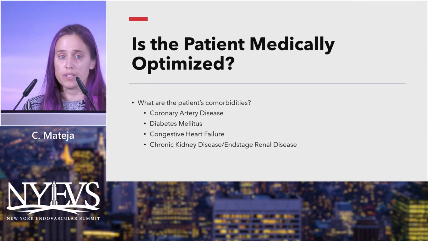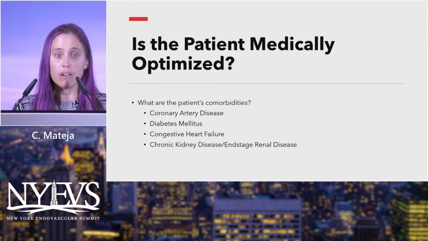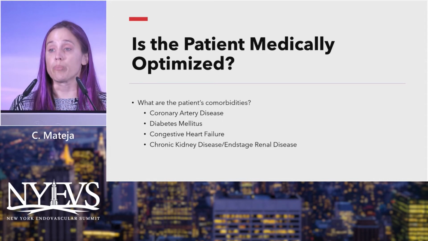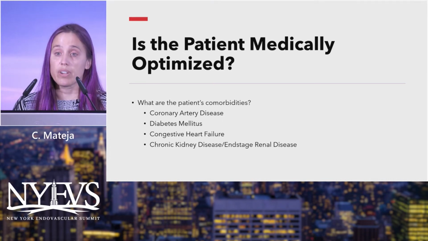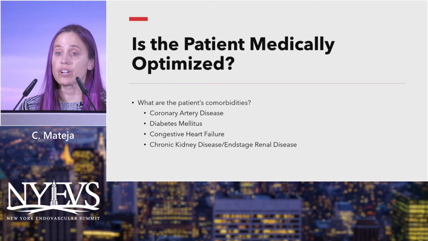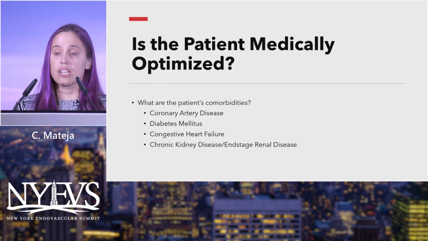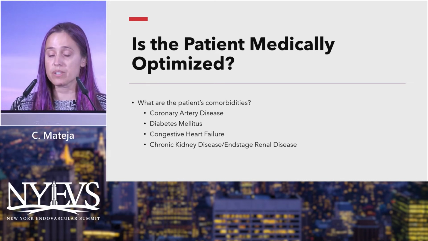I'm gonna be taking a full history and doing a full physical, and also doing a full medicine reconciliation as well. So these are obviously just some comorbidities, but these are probably the ones that we see very frequently. So do they have a history of coronary artery disease? Do they have diabetes? Do they have heart failure? Are they on dialysis? And are they on all the appropriate treatments for these particular disorders?